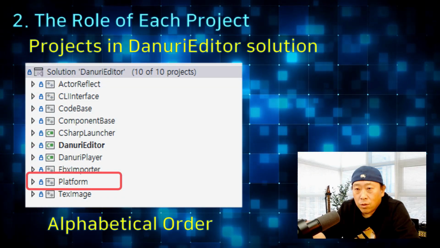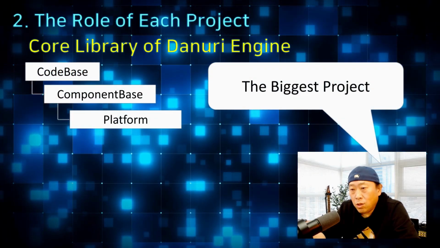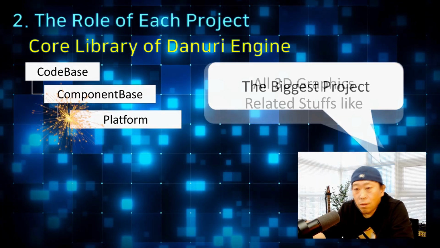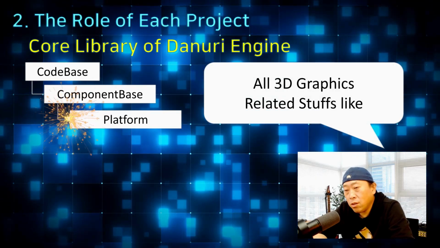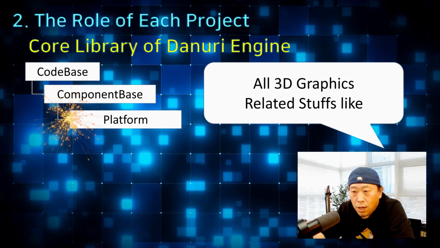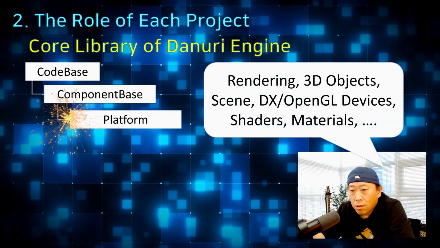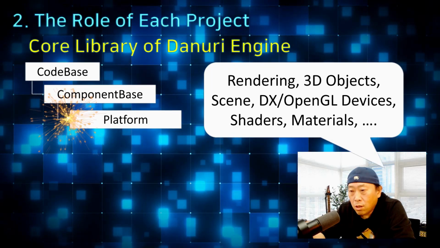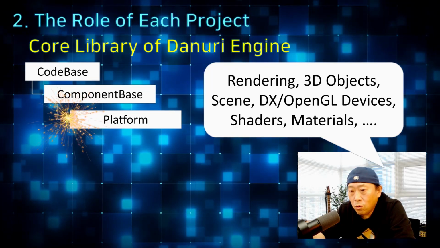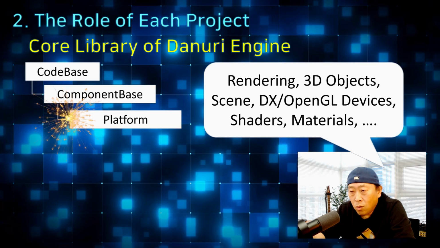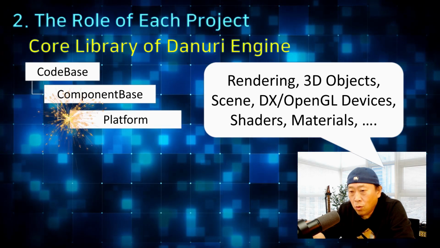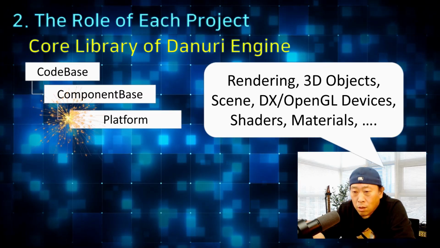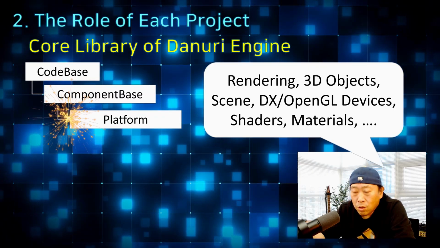Next, the platform library. The platform library is the biggest project file in the Danuri engine. It has all the 3D graphics related features like rendering, 3D object implementation, scene graph structures, geometry processing code, DirectX and OpenGL device encapsulation code, many shader codes, and material implementation.